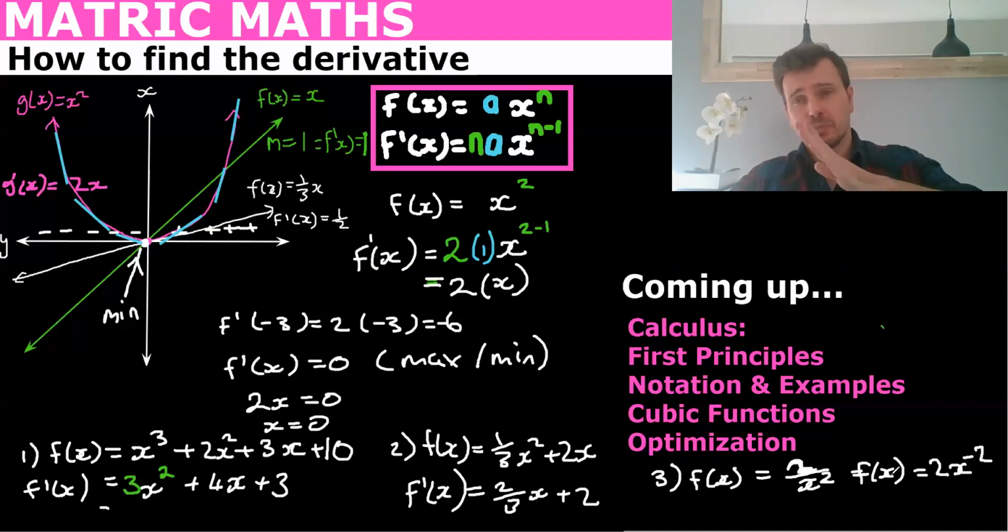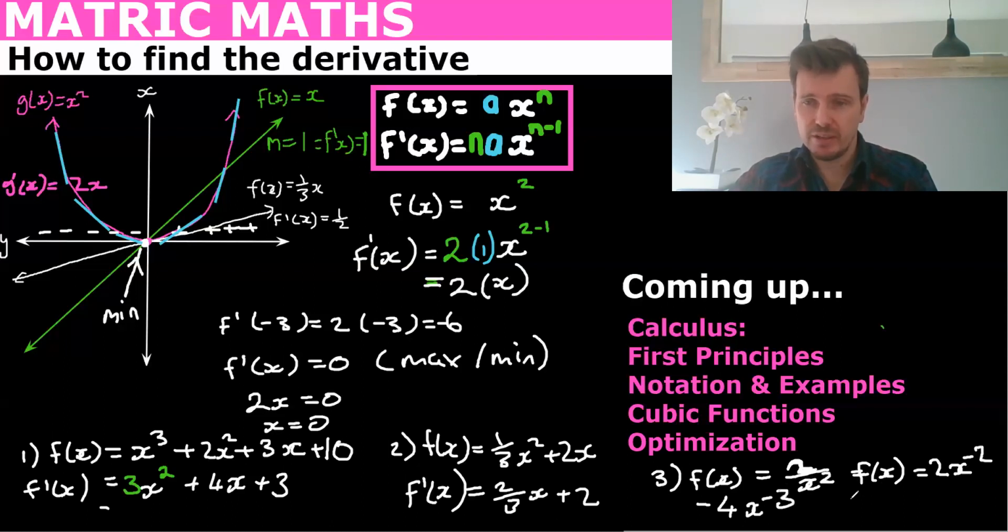Because from my exponent laws, if I have 1 over x squared, that's the same as saying x to the minus 2. Then I say minus 2 times 2 is minus 4, and then I take 1 off the minus 2, becomes minus 3. Then what I have to do is rearrange and put the x back at the bottom because I don't want a negative exponent. And so f dash of x for this one is negative 4 over x cubed.